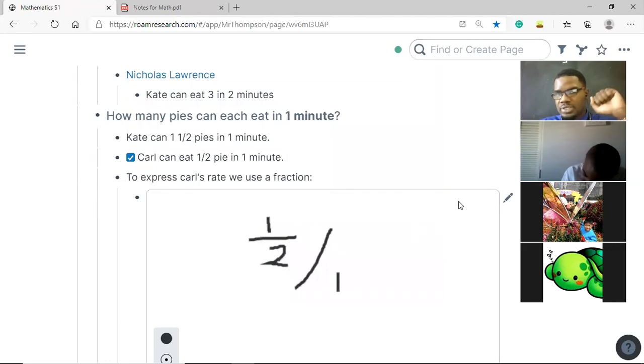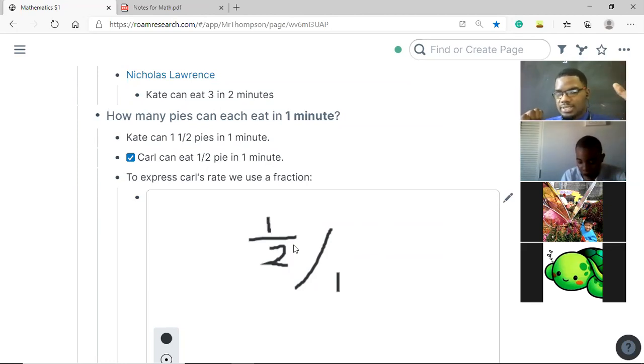All right, I want one person to raise their hand and tell me what this means in a sentence. Okay, so this fraction represents what Carl can eat in 1 minute. Just tell me exactly how many pies Carl can eat and in how many minutes.